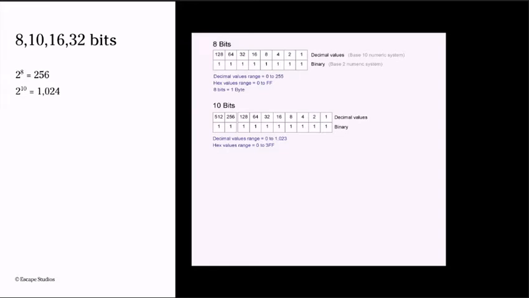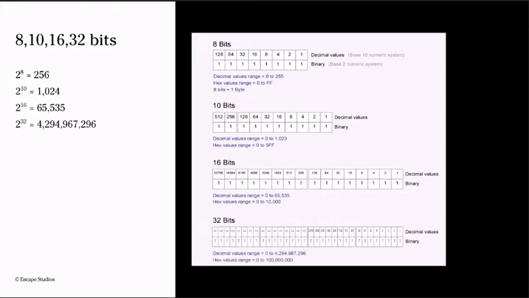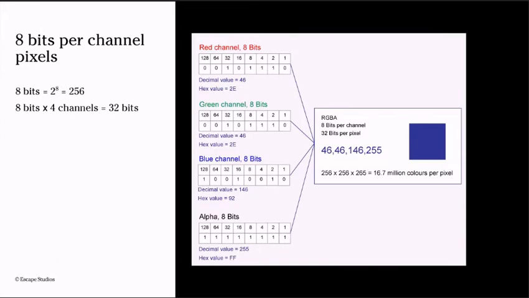So 2 to the power of 16 gives us our 16-bit channel with 65,500. And then 2 to the power of 32, our 32-bit channel, gives us 4,000 million different shades of colour, which should be enough.